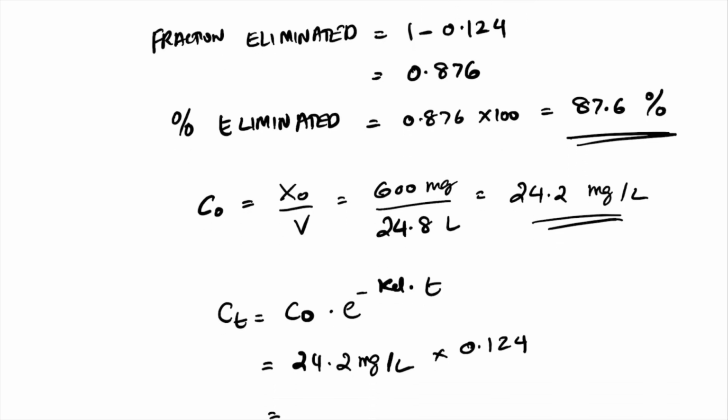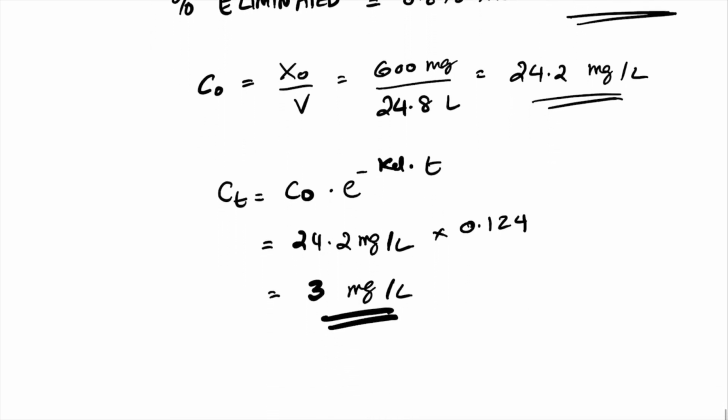So that is going to be 24.2 times 0.124, which is 3 milligrams per liter. Okay, so that's your plasma level at 24 hours.